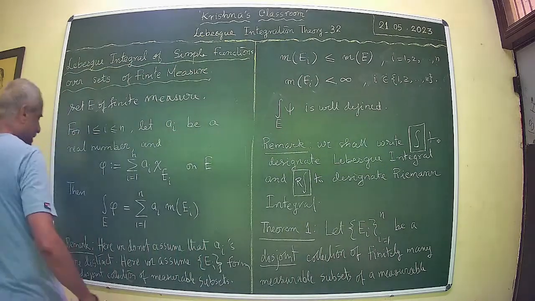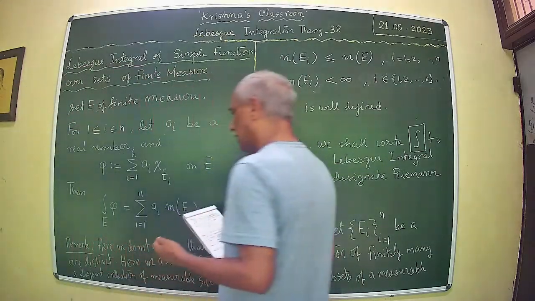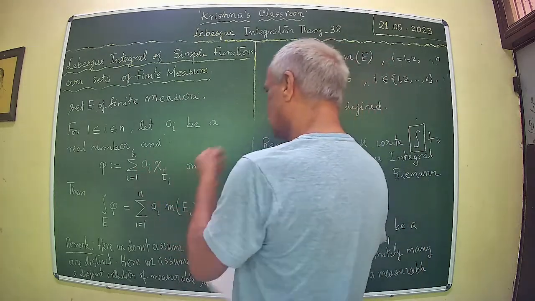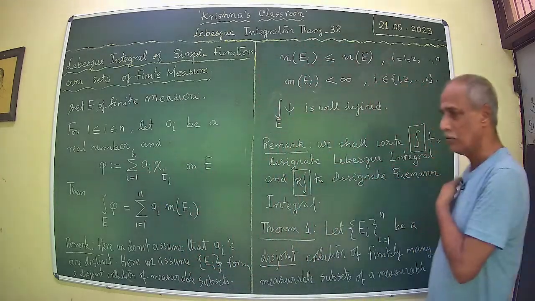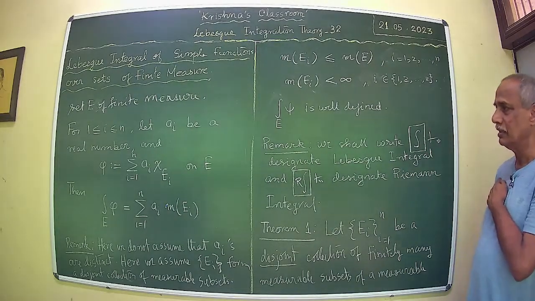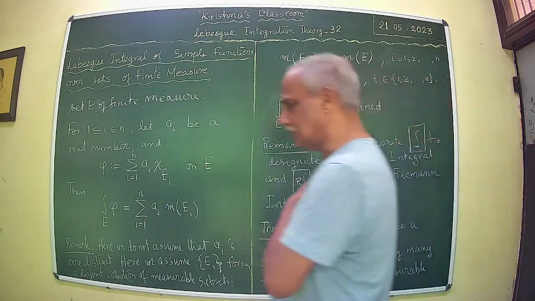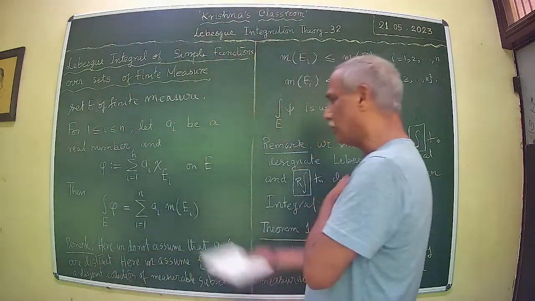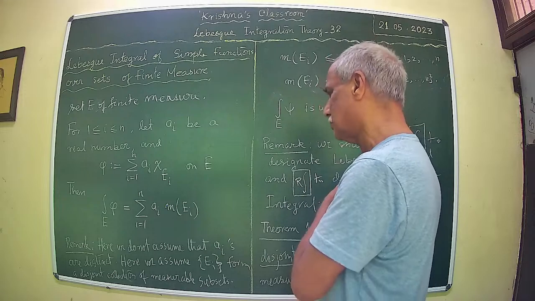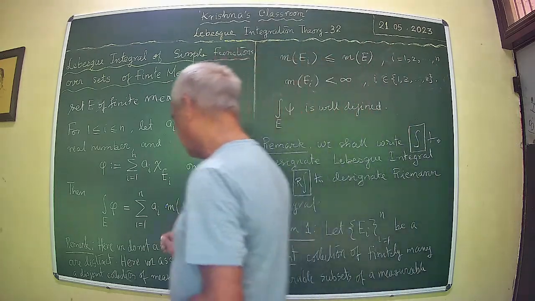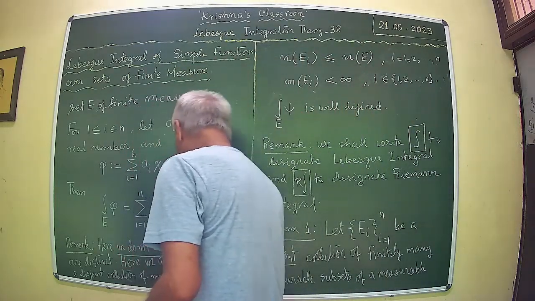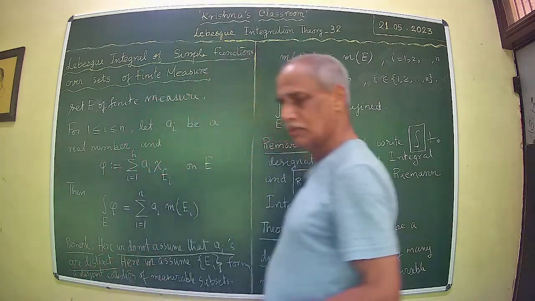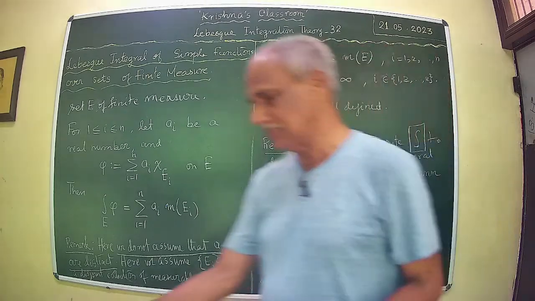Therefore, you cannot directly apply the formula or the definition to this function phi, because we have not defined it. In that case, we had a_i all distinct. Now we don't have that assumption anymore.